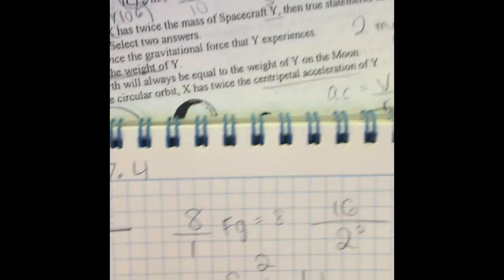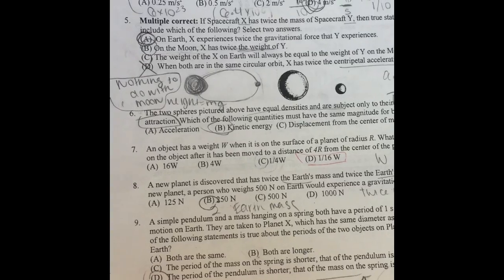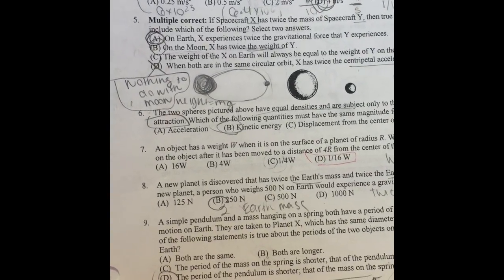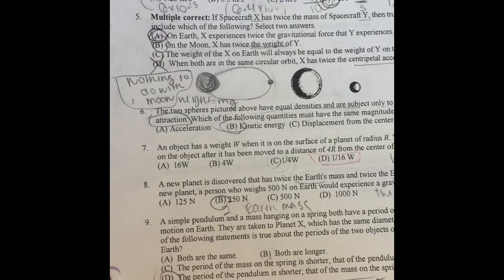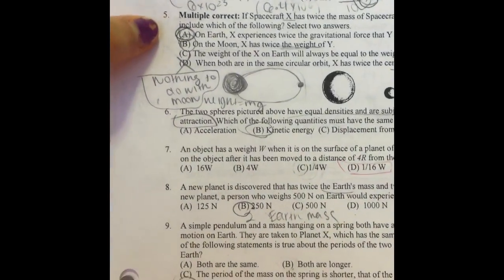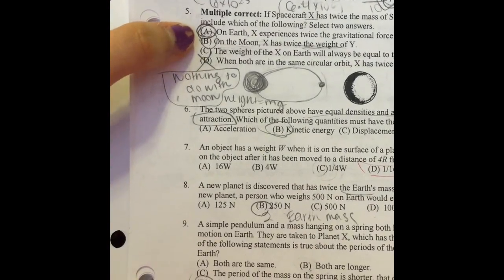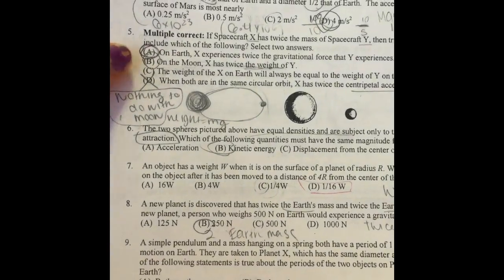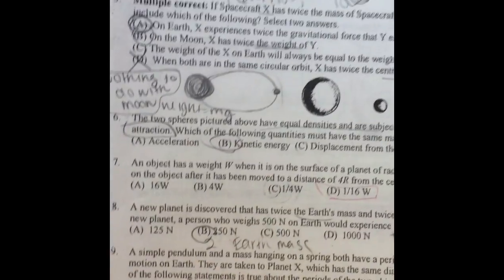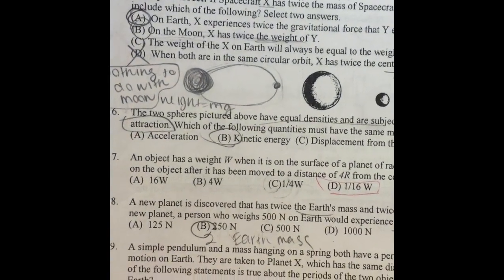You can see that as you plug in numbers. Okay, so for number 5, it asks which of the following would be true, and it's A and B, because on Earth you'll experience twice the gravitational force, because weight is equal to the force of gravity, which is also mg.